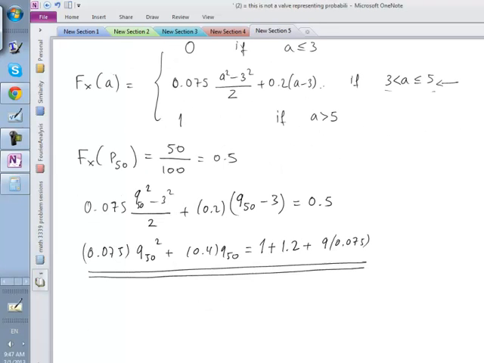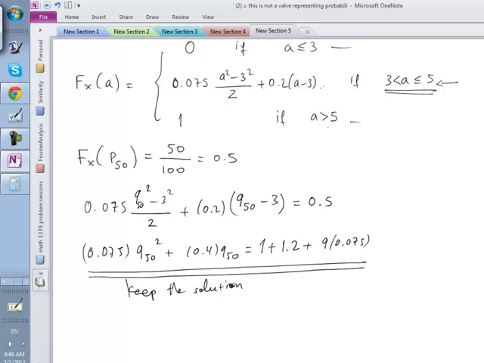This quadratic equation has two solutions, but you keep the solution that is between 3 and 5. Why? Because that 3 and 5 comes from this constraint. The 50th percentile, the median, cannot be greater than 5 and cannot be less than 3, because had it been less than 3, the value that the distribution function would take would be equal to 0 and not equal to 0.5.